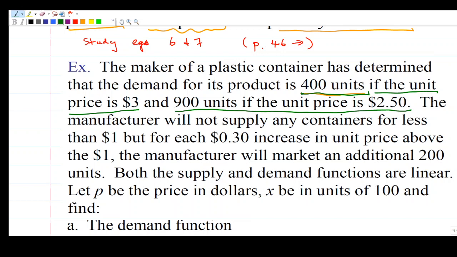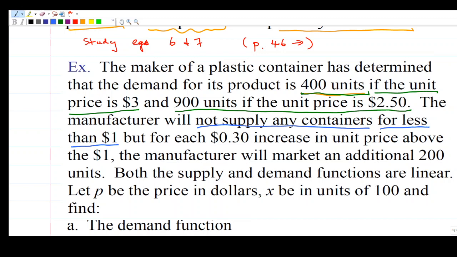The manufacturer will not supply any containers for less than $1.